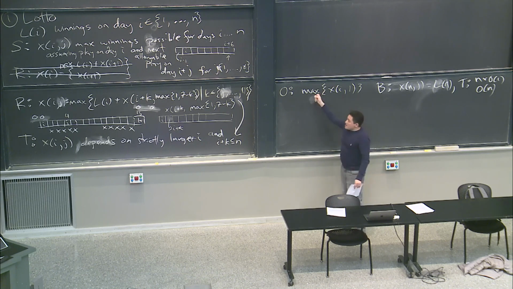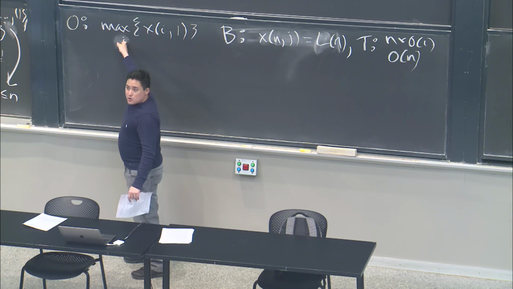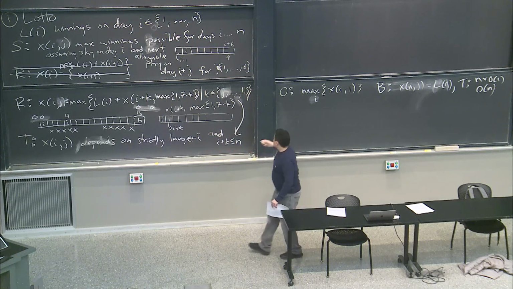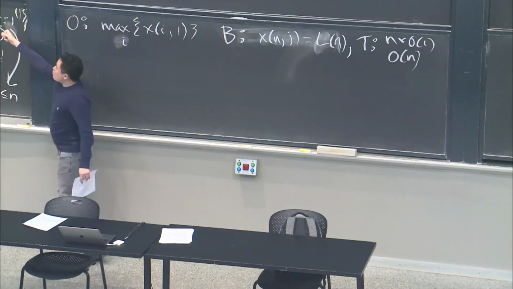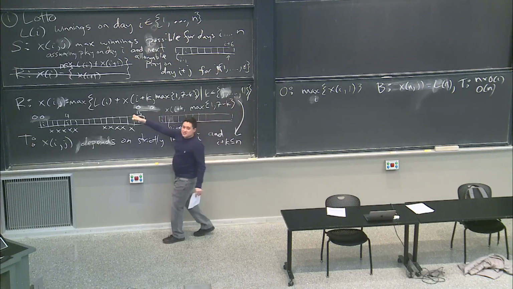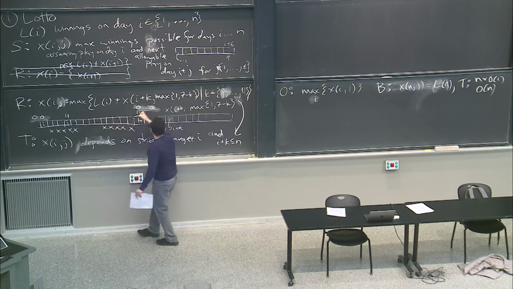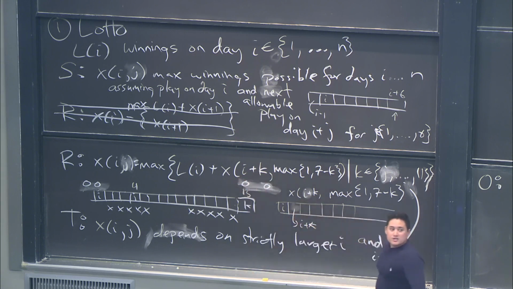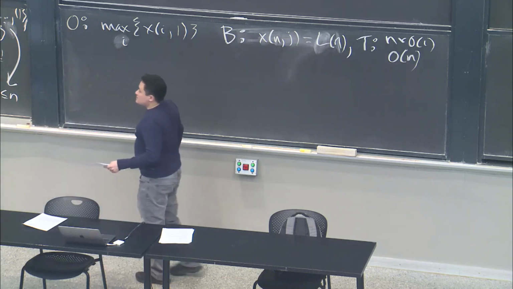And if I wanted to figure out what days Tiff should play the lottery, you can store parent pointers when I'm evaluating this max. I figure out which subproblem I recursed on that gave me the max, and I can walk back to see which choices I made to figure out which days I played the lottery. Does that make sense?